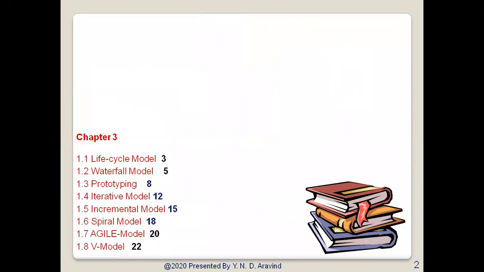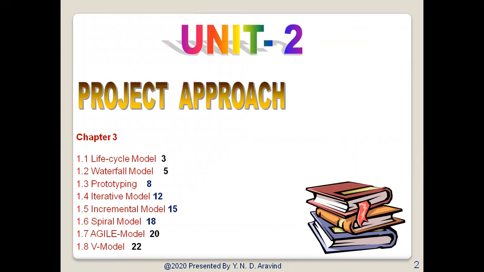Now, in this particular chapter 3, we will discuss the project approach. In that, we will see the different life cycle models: what is the waterfall model, what is prototyping, what is the iterative model, the incremental model, the spiral model, the agile model, and the V models.